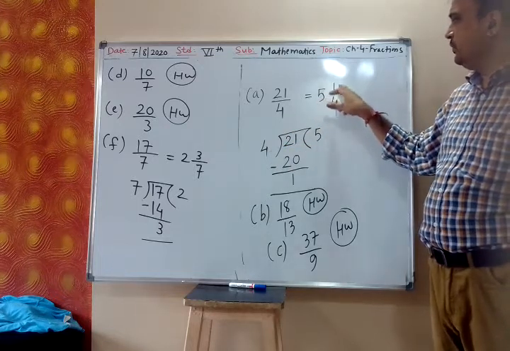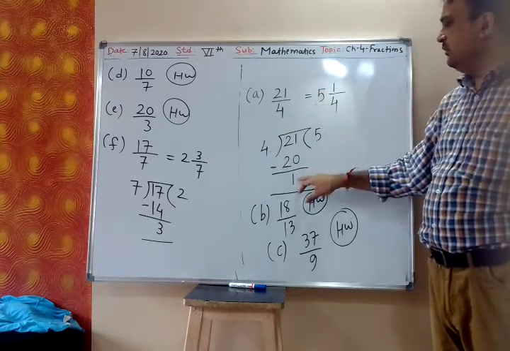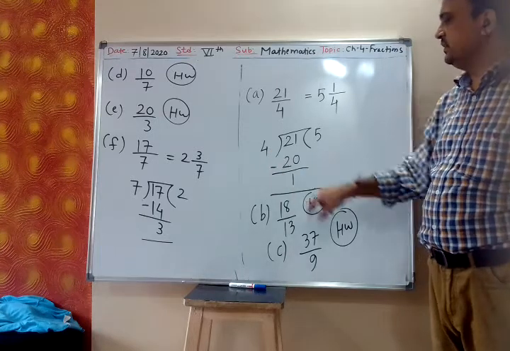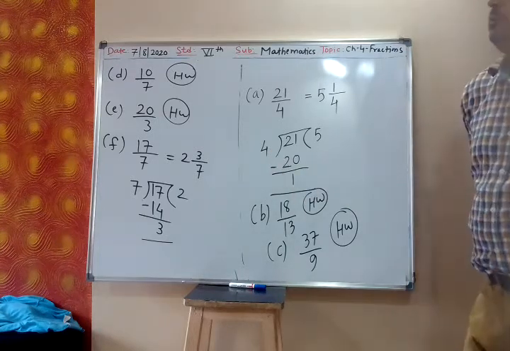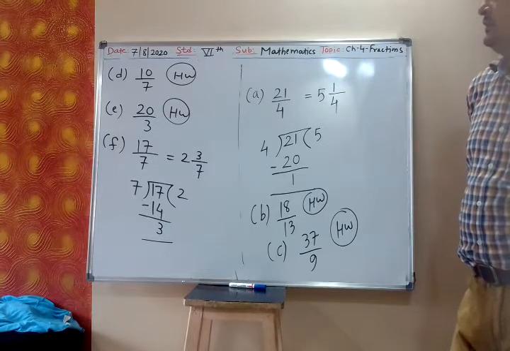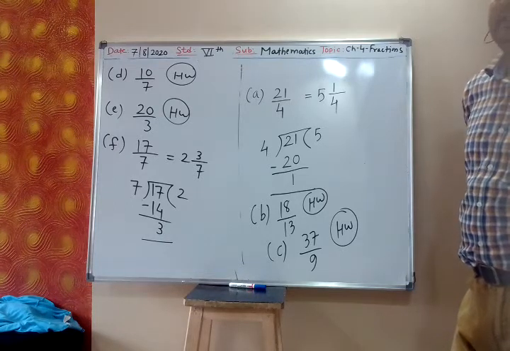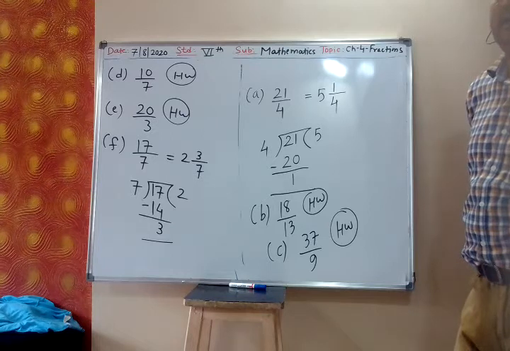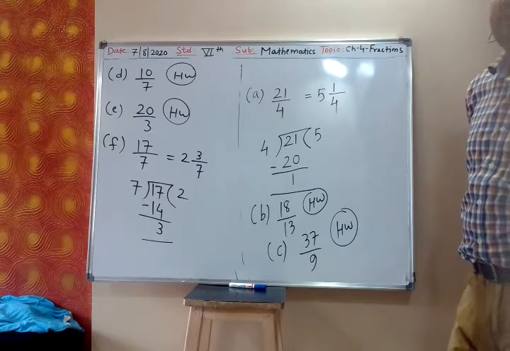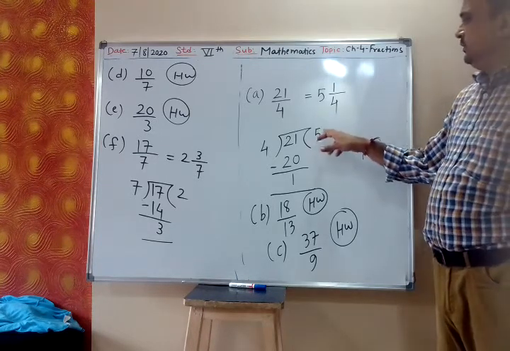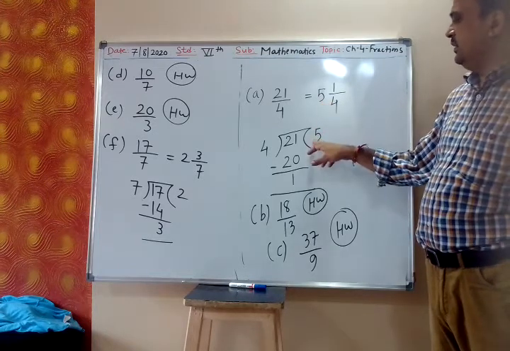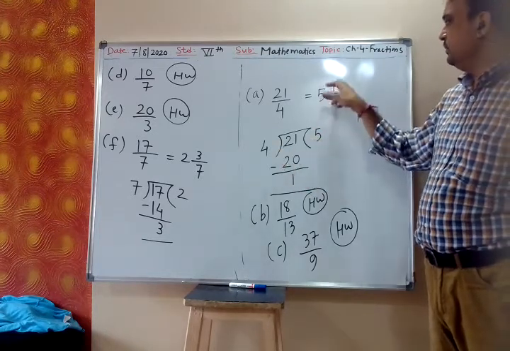So 5 is whole and 1 upon 4 is the fraction. 1 upon 4 is the proper fraction. Any mixed fraction is a combination of whole number and proper fraction.